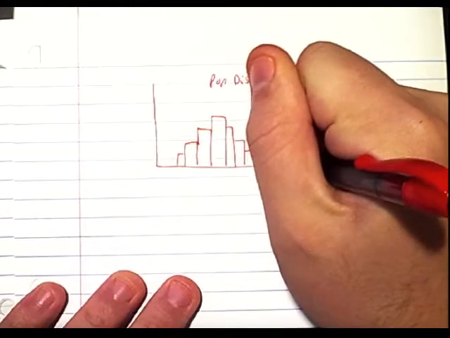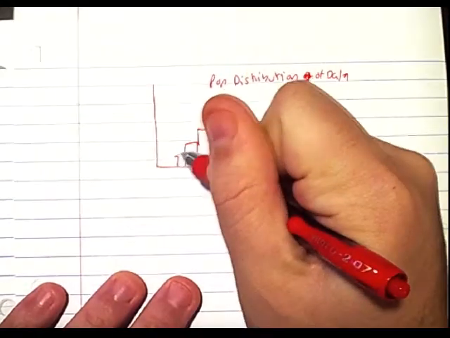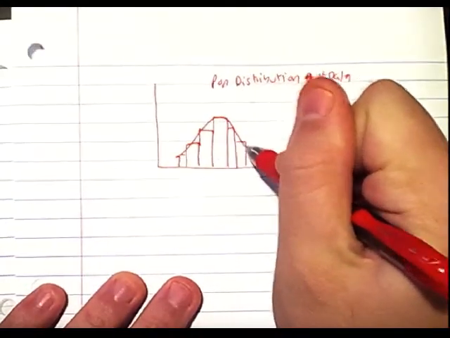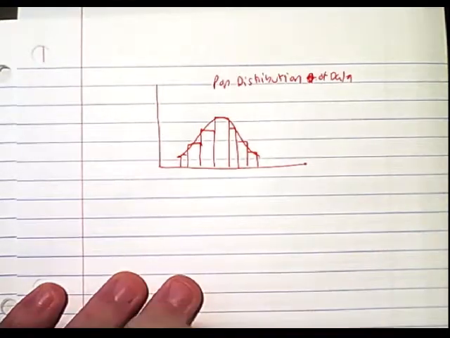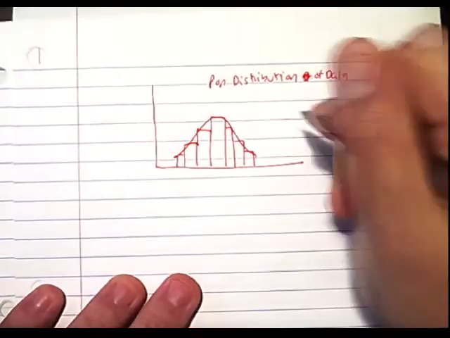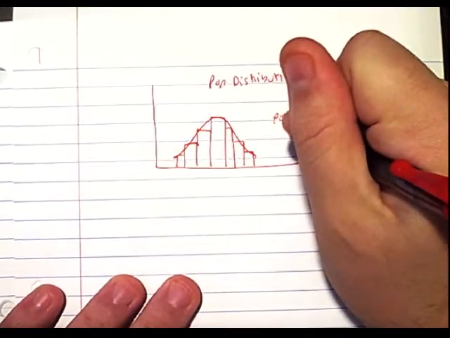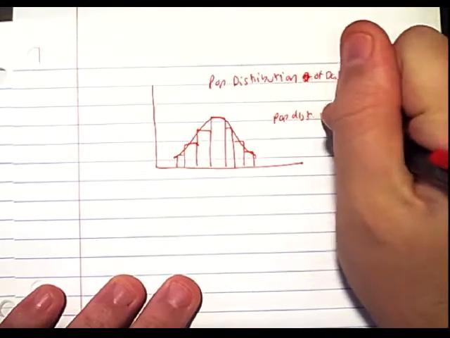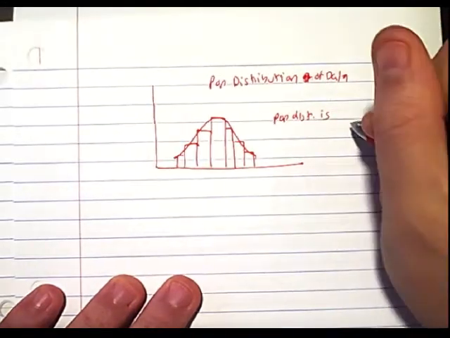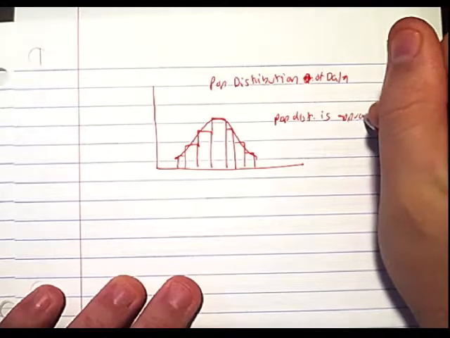This kind of looks bell-shaped a little bit. So let's assume that the population distribution, or let's say we're told, is approximately normal.